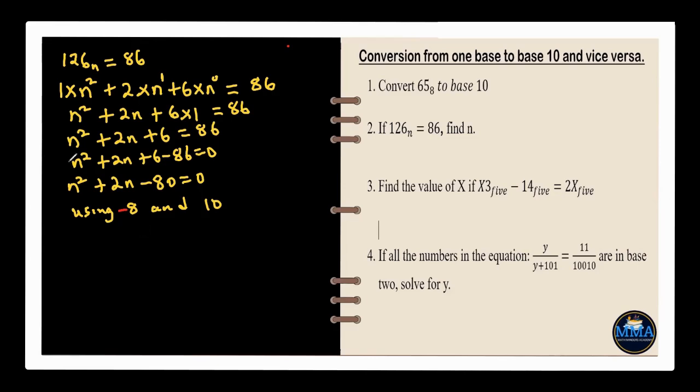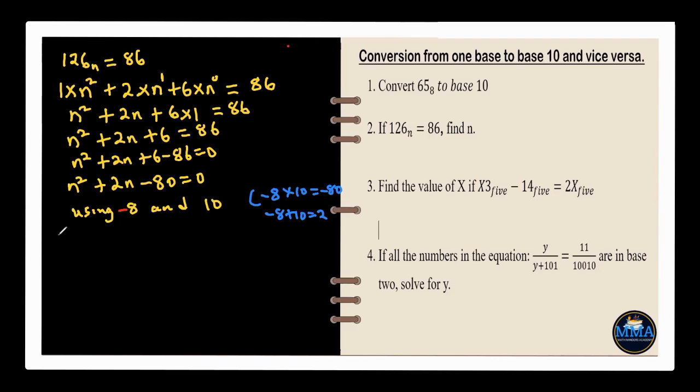If we multiply minus 8 and 10 together, that will give us minus 80. And if we do minus 8 plus 10, that gives us 2. So the condition is satisfied.